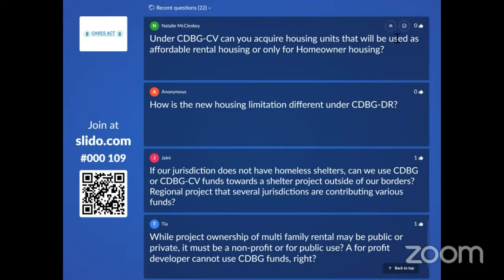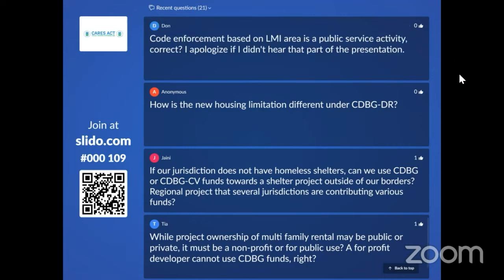Can you use CDBG-CV for acquisition of housing? Code enforcement based on LMI areas of public service activity. No, it is not. Code enforcement is separate. It's eligible under 570.202(c), as in cat.